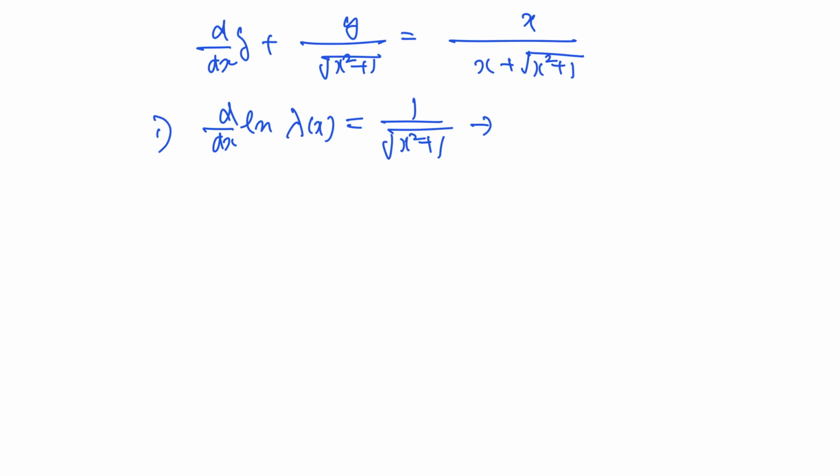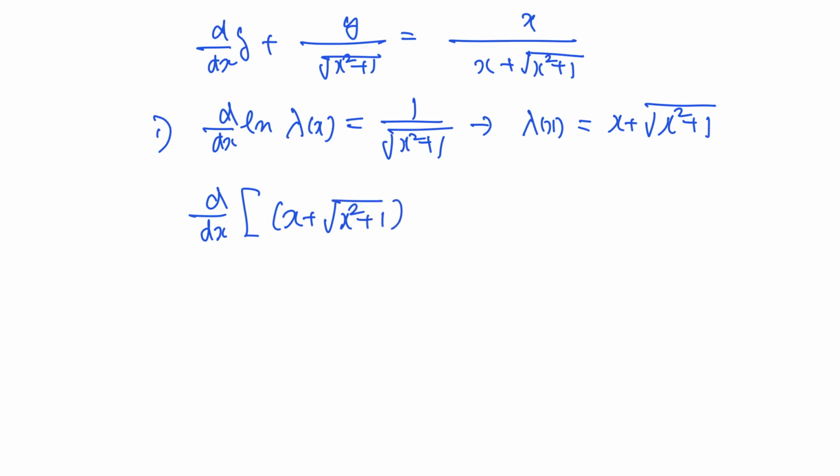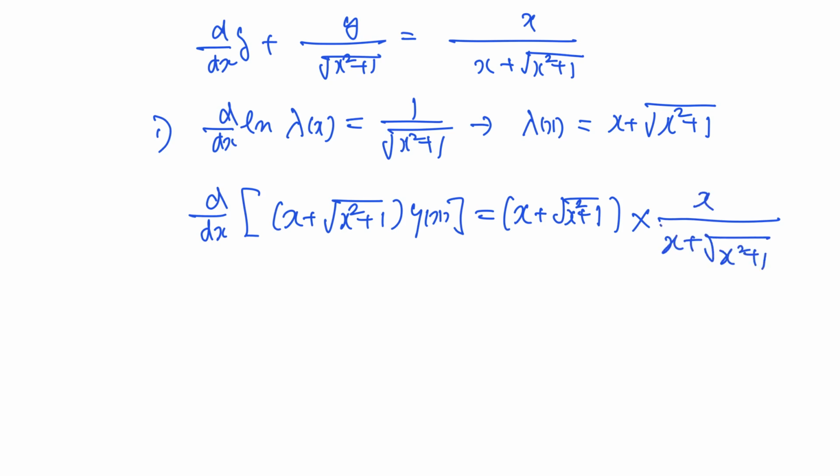Lambda x is x plus the square root of x squared plus 1. So d/dx of (x plus the square root of x squared plus 1) times y(x) is equal to x plus the square root of x squared plus 1 times x over the square root of x squared plus 1.